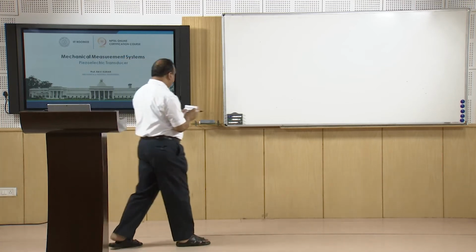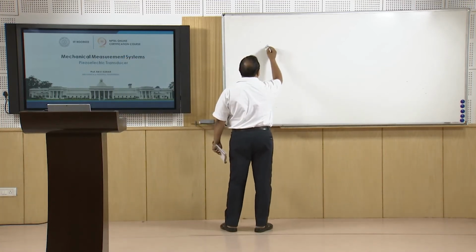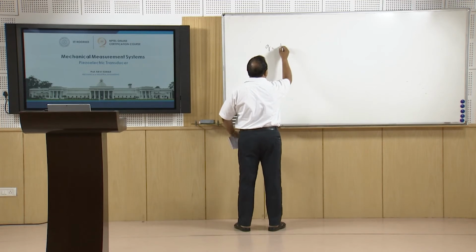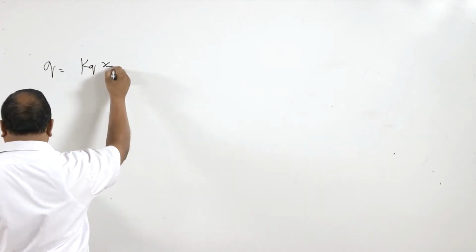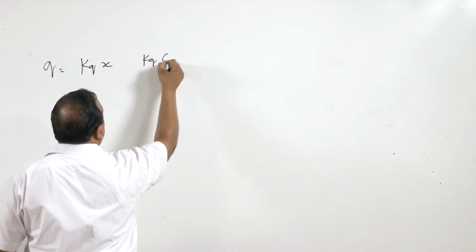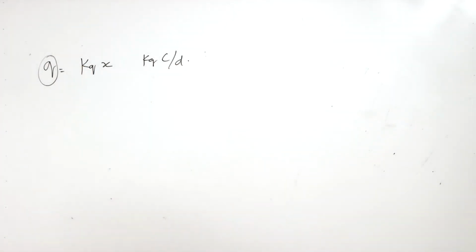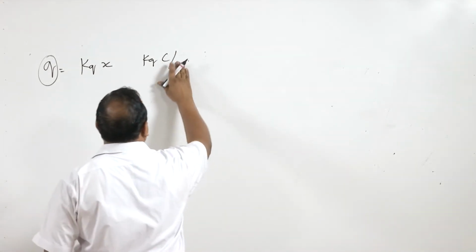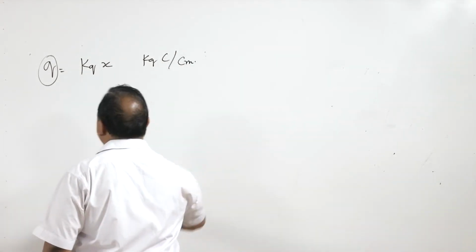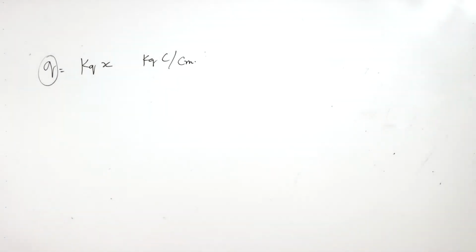Now, Q is equal to KQ X, where KQ is C per cm. Q is the charge, right?